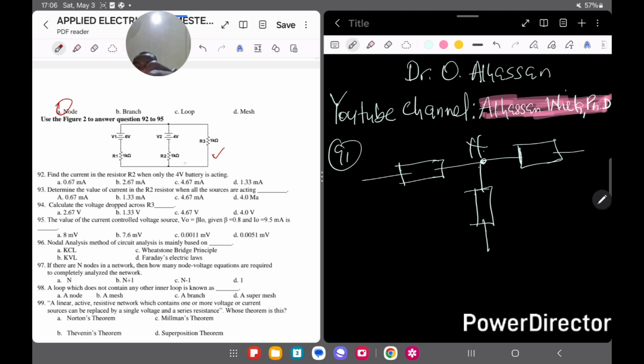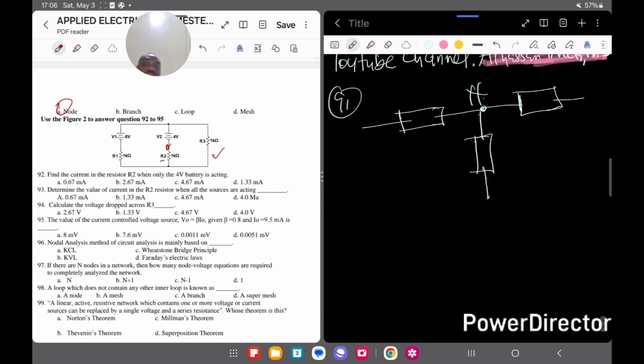You have to find the current passing through R2 when only the 4 volt source is acting. This is telling us to use the superposition theorem, so we are being forced to use it in this question.